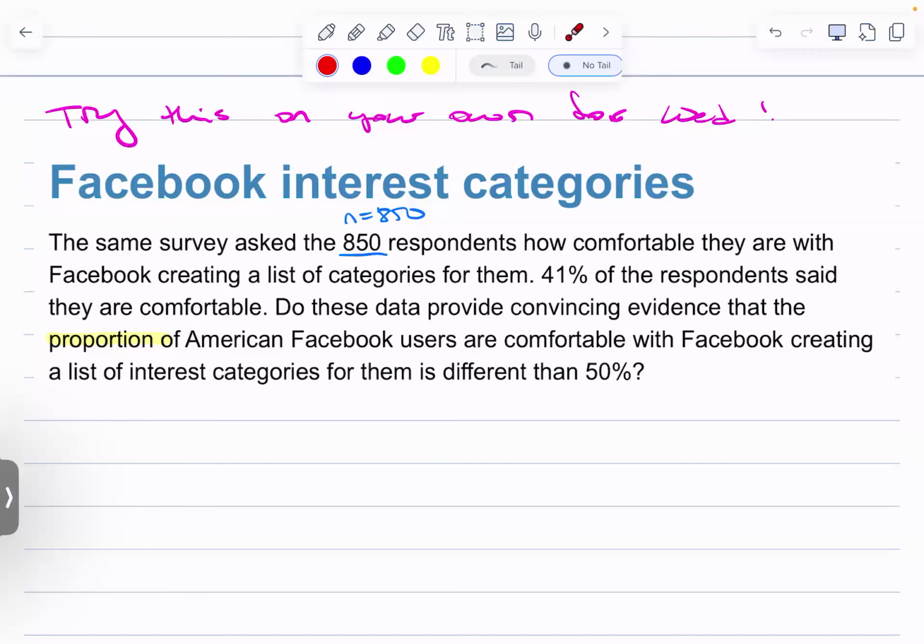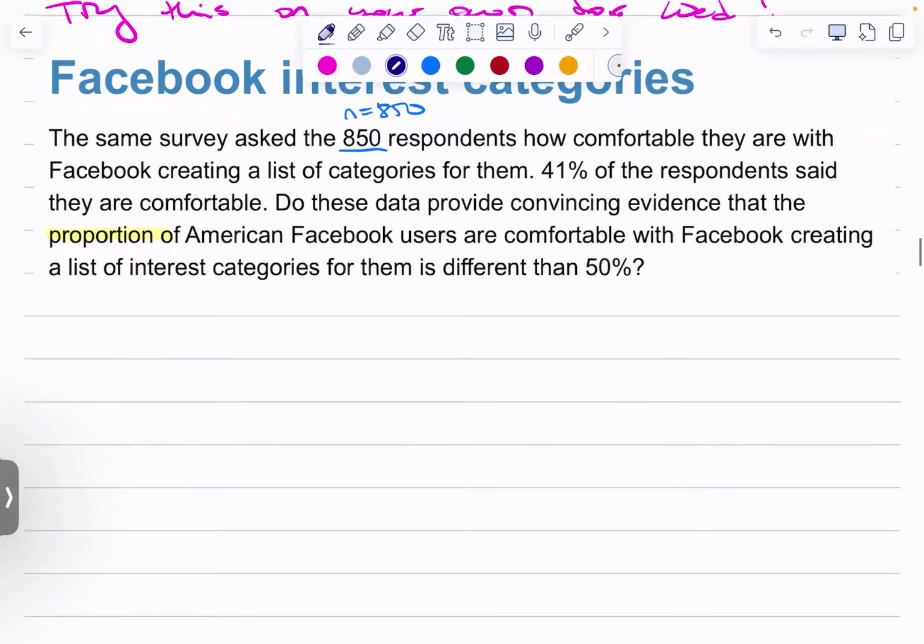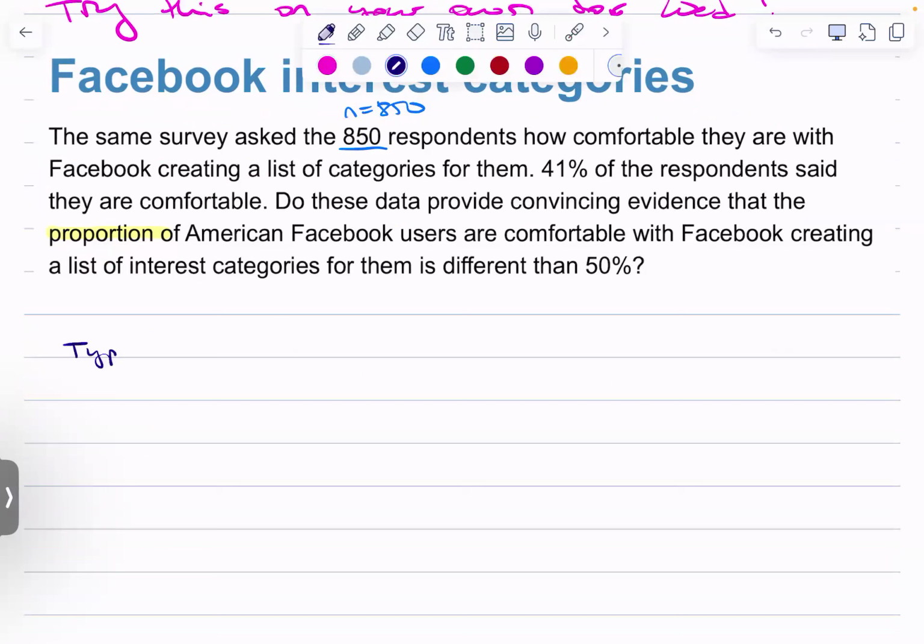I have one sample, and I want to analyze the proportion. And so the first thing I'm going to do is say what the type of question is. We've only seen one type: a one sample proportion type of question.